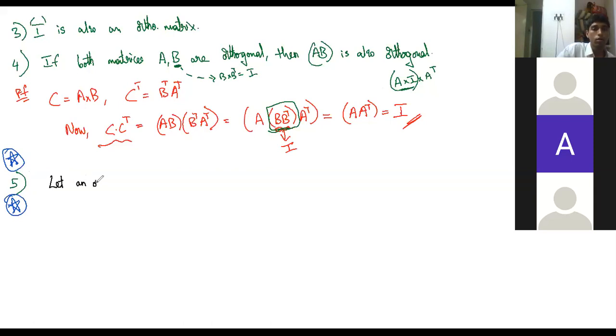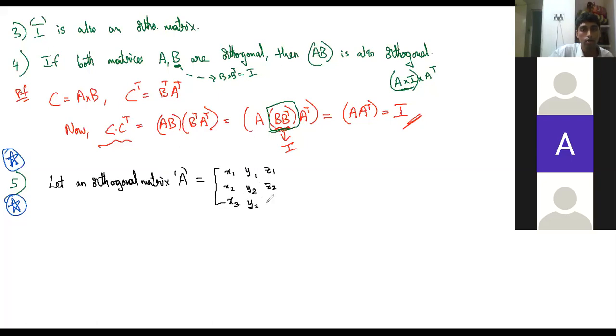Let an orthogonal matrix A be equal to x1, y1, z1, x2, y2, z2, x3, y3, z3.